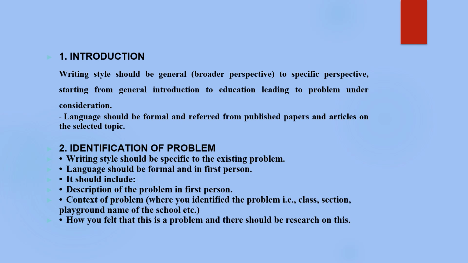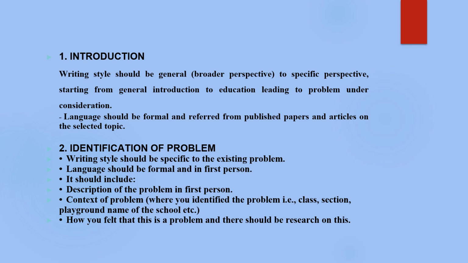And the second part is your identification of the problem. The problem you have identified should be written in a formal way and in first person. While describing your problem, you should identify the section, the class, the place where you are doing the research.